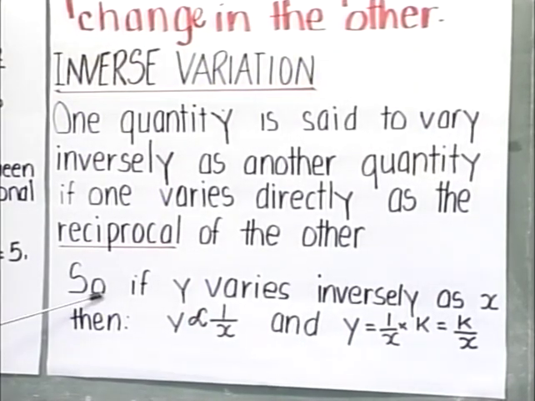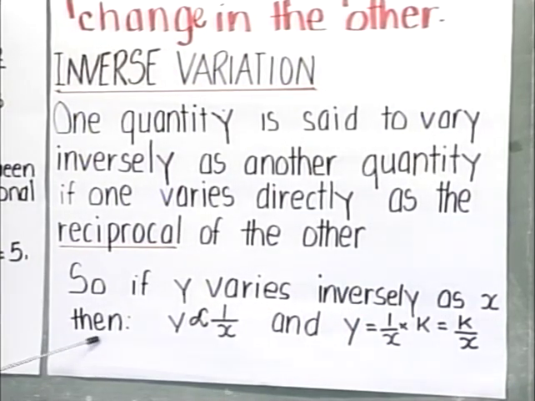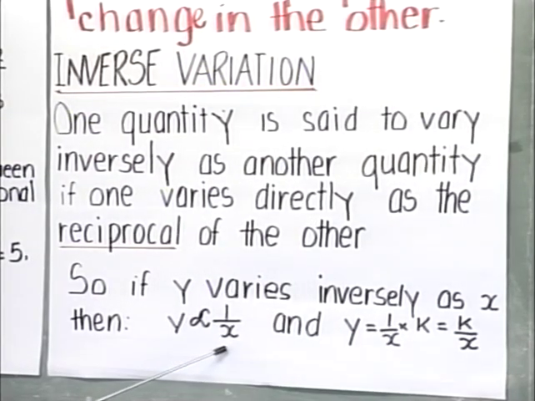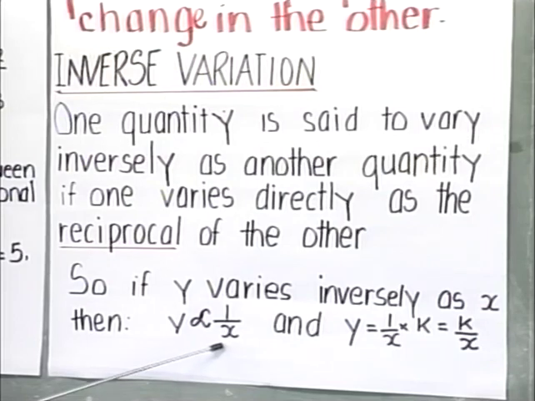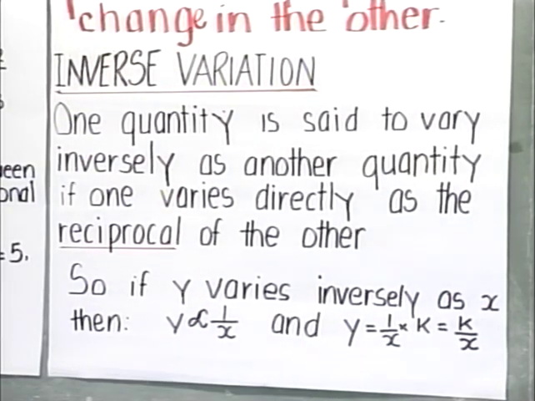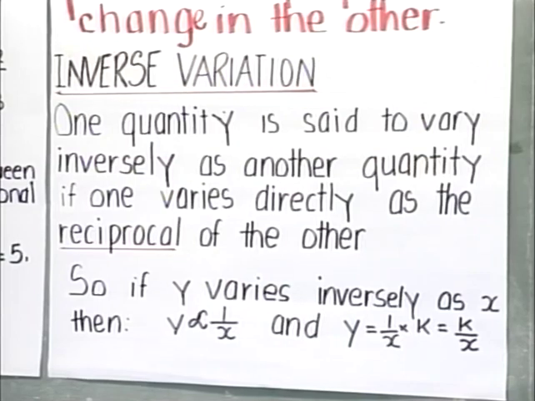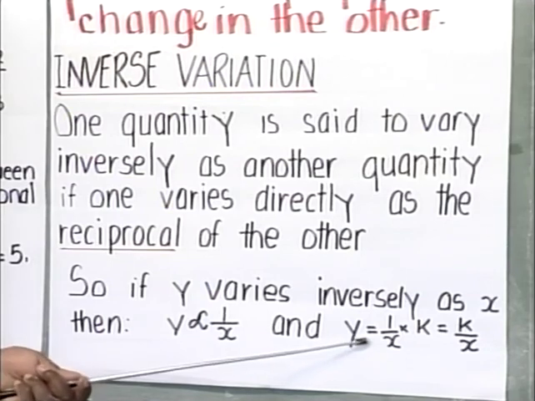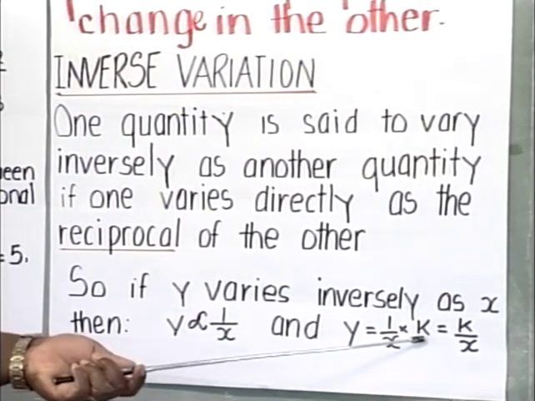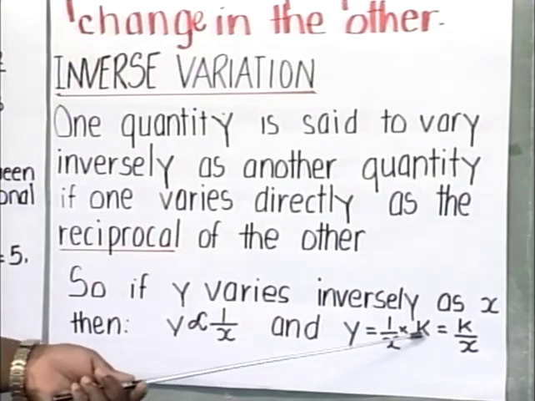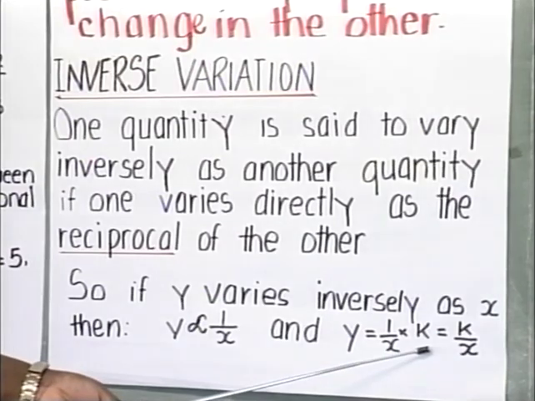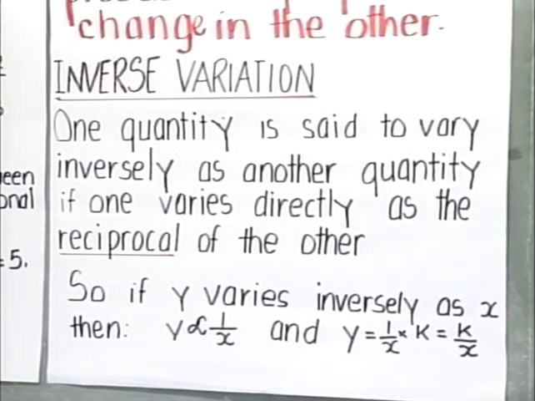If y is said to vary inversely as x, then we are saying y varies directly as the inverse of x. So y varies as 1 over x. Clear? And I wrote down the equation as well. y equals the constant k times 1 over x, and y equals k on x. All right, that's inverse variation.